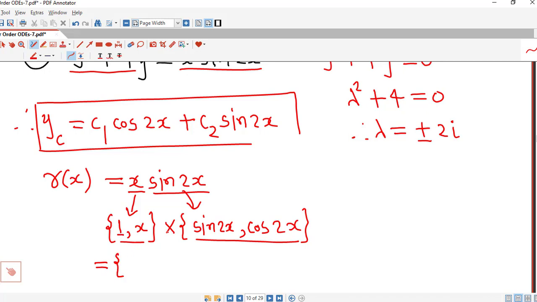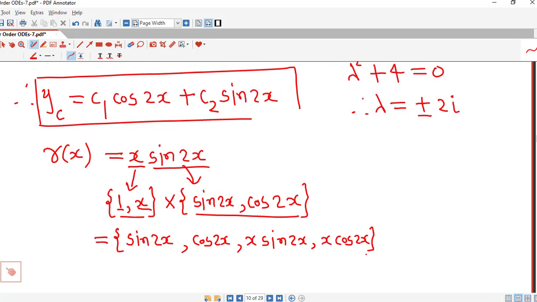So first we consider 1 into sin 2x, that is sin 2x, 1 into cos 2x. Then we consider x into sin 2x and x into cos 2x. So this is the Cartesian product of the families of derivatives corresponding to these two functions in the product.